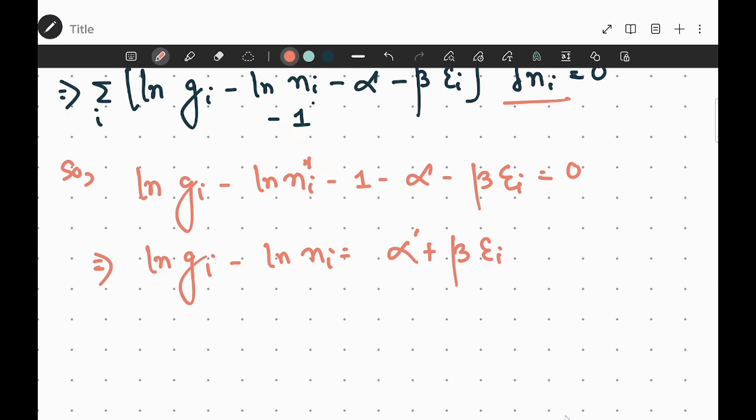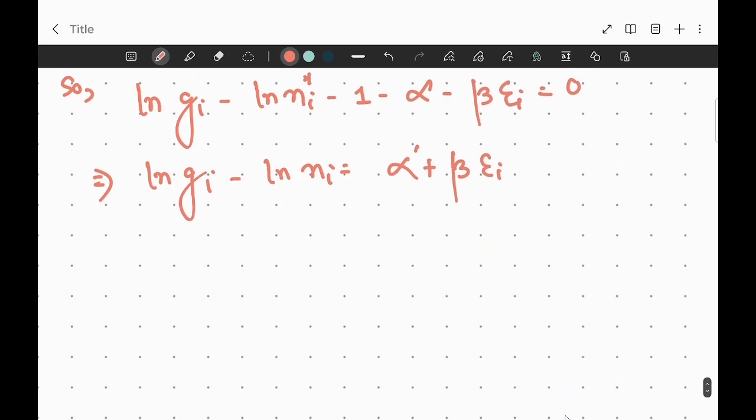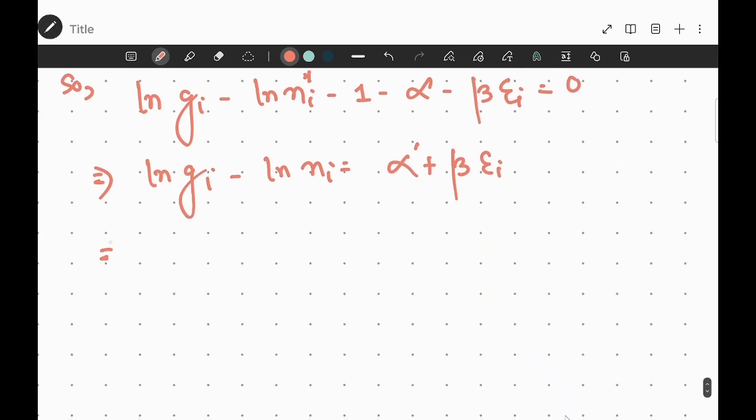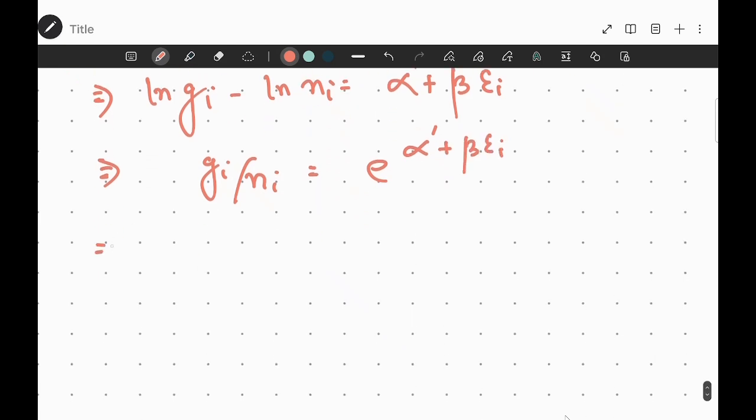Same thing we did, alpha plus 1, we change it to alpha prime. Here also I'm doing the same thing. So from here you can write gi by ni is equal to e to the power alpha prime plus beta epsilon i. So ni will be gi into e to the power minus alpha prime plus beta epsilon i.